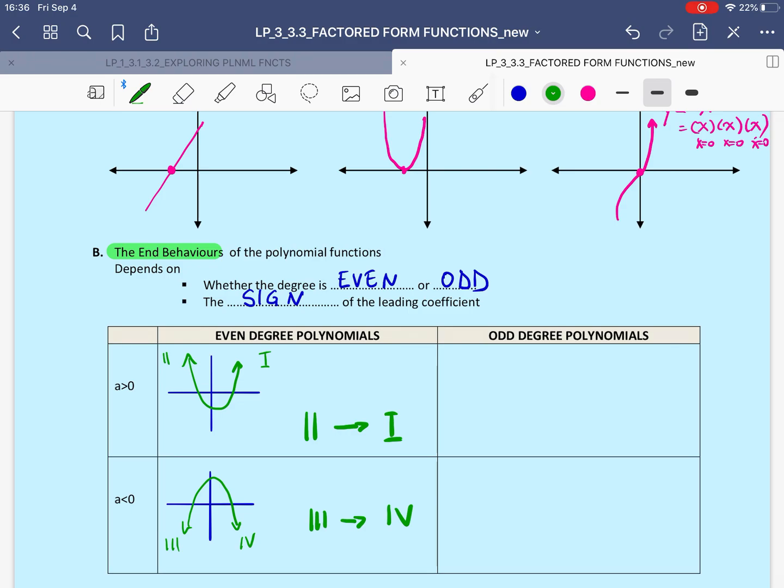All odd degree polynomials will behave like linear functions. So when a is positive, then the graph will extend from quadrant 3 to quadrant 1.